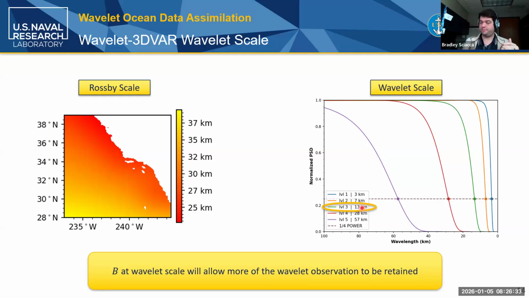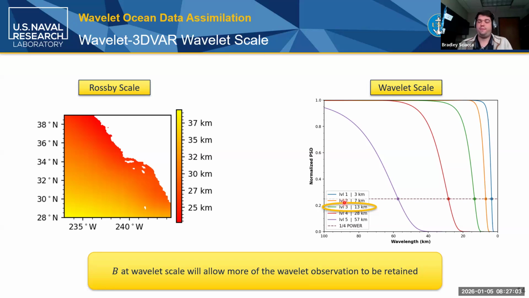Everything 13 kilometers and below was being removed with the wavelet method. But then we were post-multiplying with the background covariance operator, and that was smoothing everything to 32 kilometers. This wasn't a problem for superobs because they were made already at this correlation scale, so smoothing just enforces what it's already at. But with the wavelets, we're wiping out everything from 13 to 32 kilometers, removing the advantage that wavelets had.